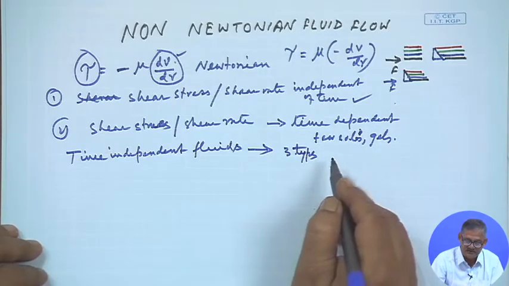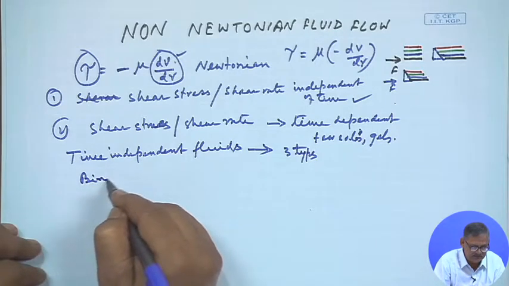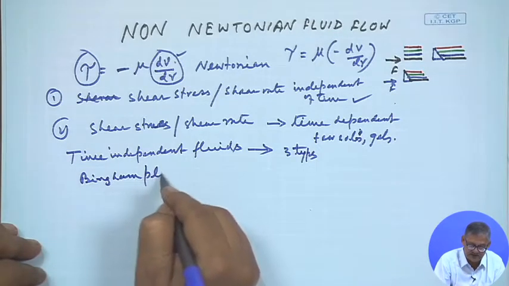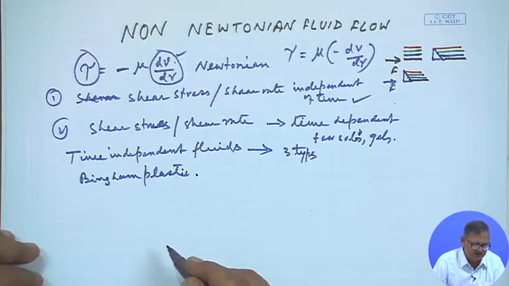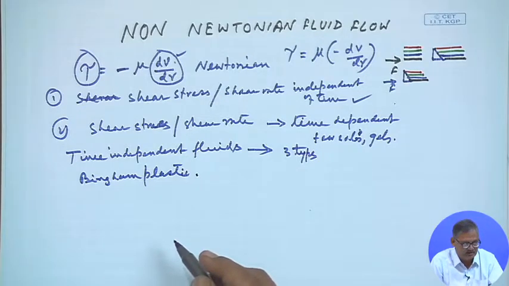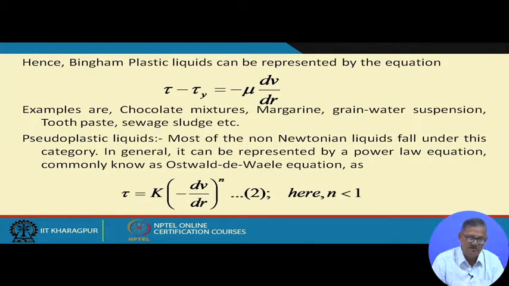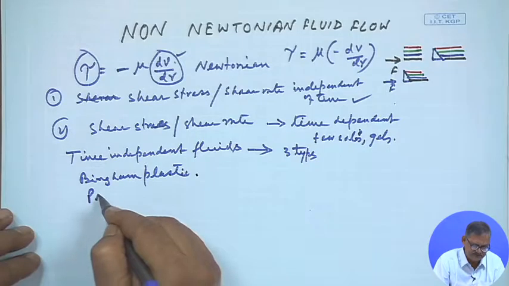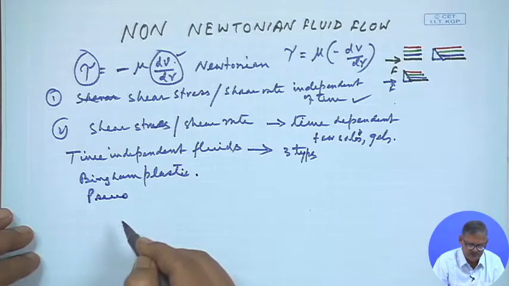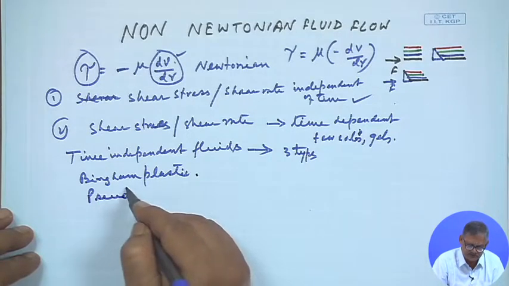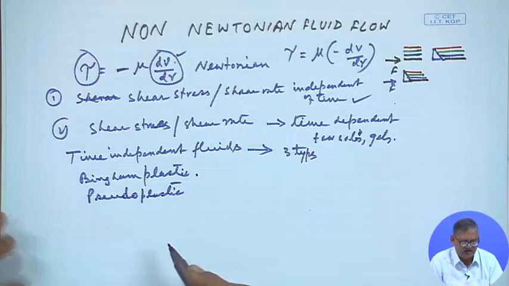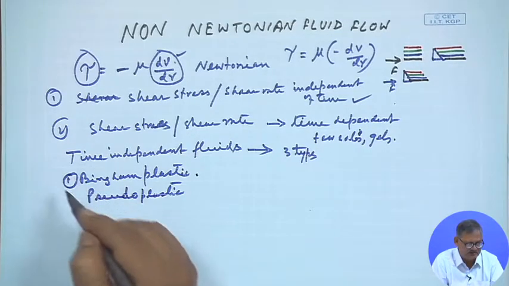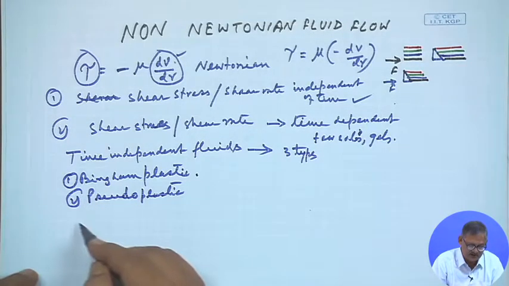These 3 types are known as Bingham plastic, then the other one is known as pseudo-plastic, and the third one is known as dilatant.